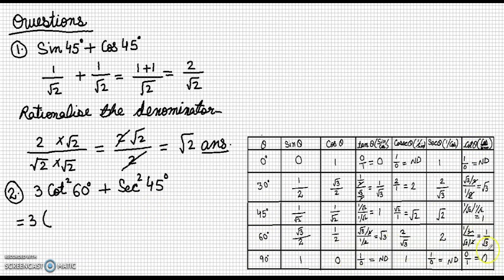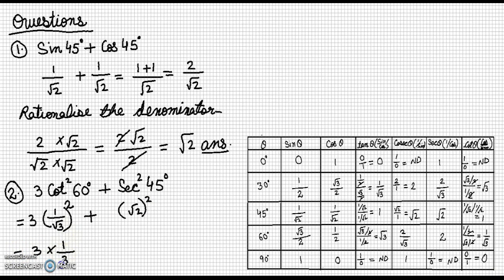So cot 60 we have 1 by root 3. So we'll simply write down 1 by root 3 whole square, because we have cot square 60. So we'll square this 1 upon root 3 and then plus, then sec² 45 means sec 45 whole square. So the value of sec 45 is root 2. So we'll write down root 2 whole square because we have sec² 45.